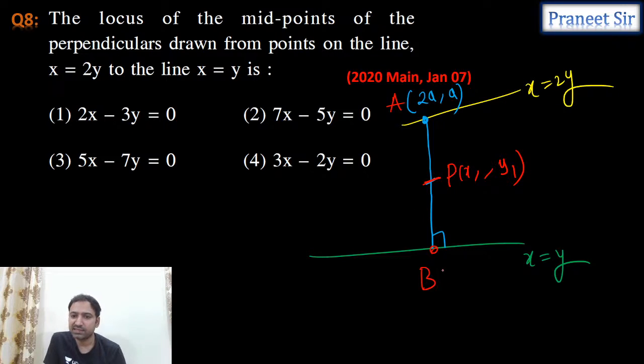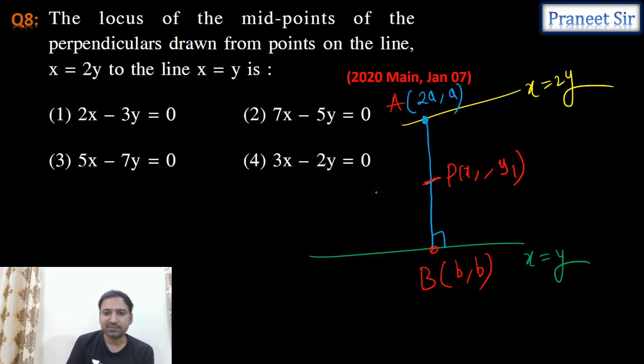Then at this point I will take it as b comma b. Can I take it like this? So two variables are there, a and b. Finally our aim is to eliminate the a value and b value and obtain the relation between x and y. One relation we are getting is that the midpoint of AB is x1, y1.